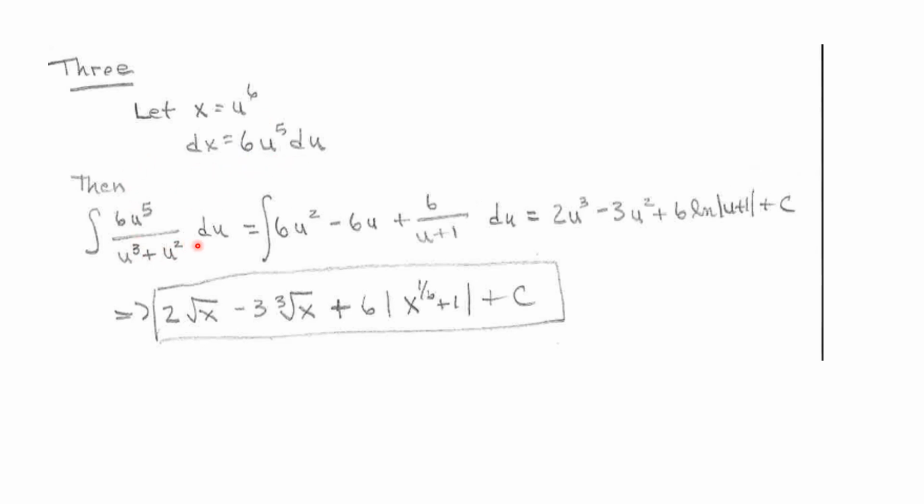You make that substitution, and once you make that substitution, you can do long division. And when you do long division, you get this expression, and you integrate term by term, and you get this. And then you go back to your native variable and make the substitutions. And so this is the answer you get, including your constant of integration.